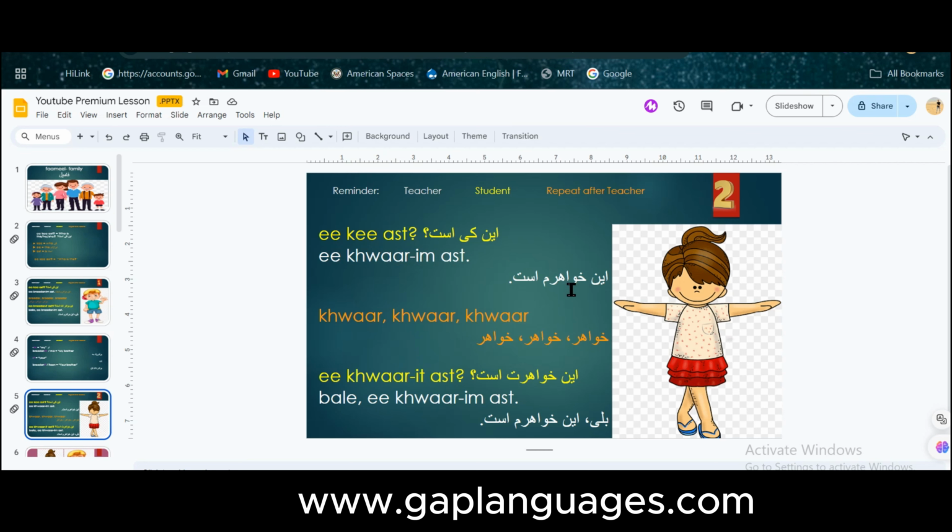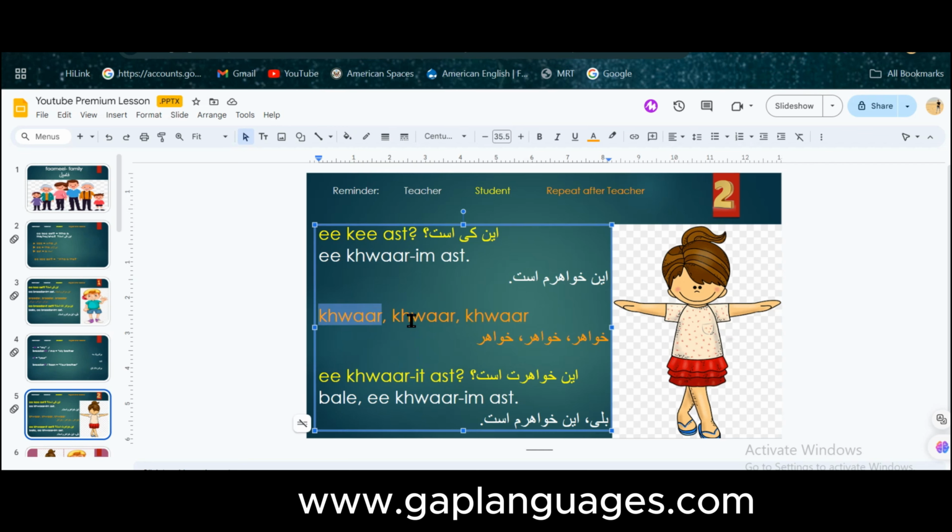And the written form is "in خواهرم است." All right, you can repeat after me: خواهر, or you can say خوار. And the written form is خواهر.